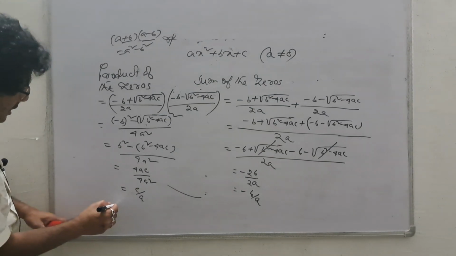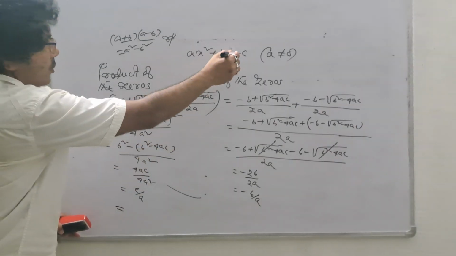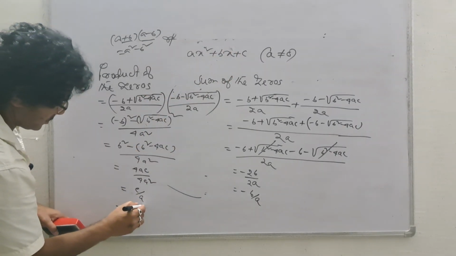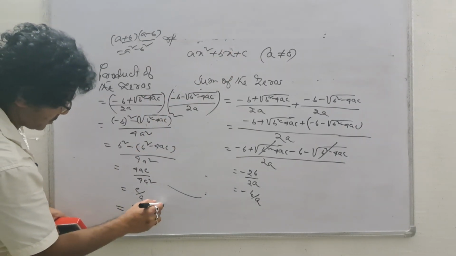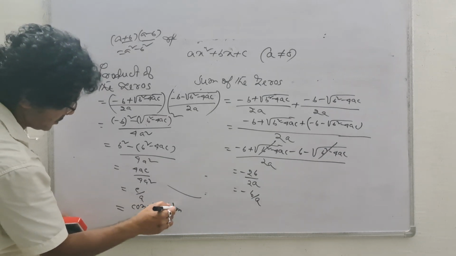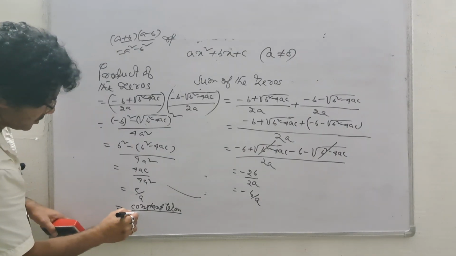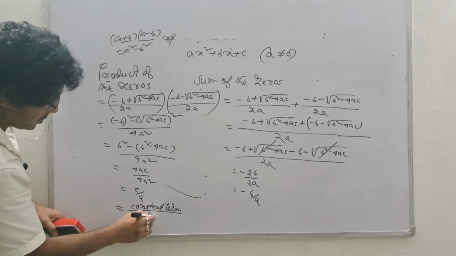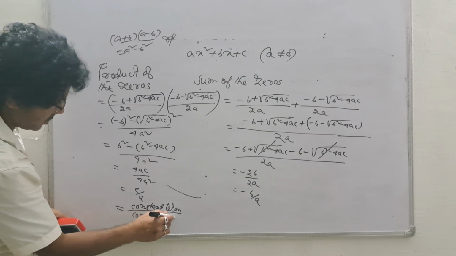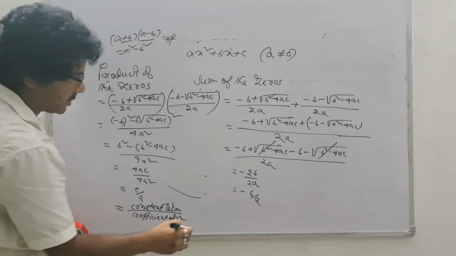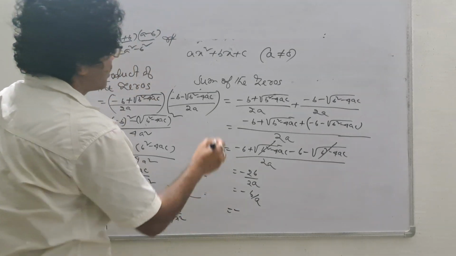Understood? C by a means what? Constant term divided by a, which is the coefficient of x squared. Here minus b is what?